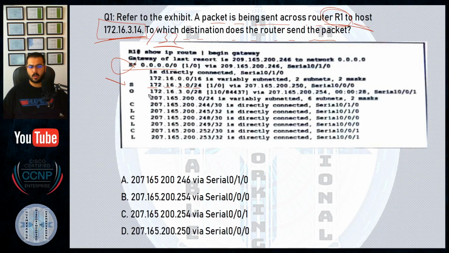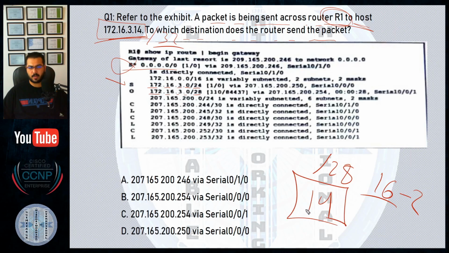And we also have another one, which is 172.16.30.0 but /28. /28 will give me 16 total addresses minus 2 for the IDs, so I will have 14 valid IP addresses starting from .1 up to .14. So .14 is part of that specific range of valid IP addresses, and the 207 routes till the end will not be useful to route to this destination.